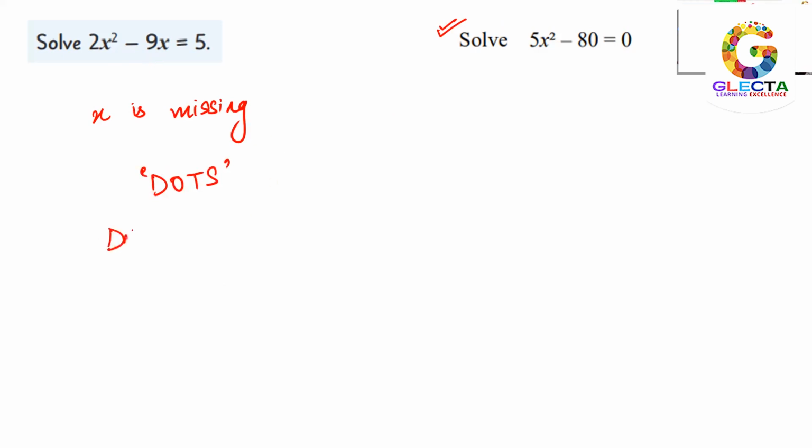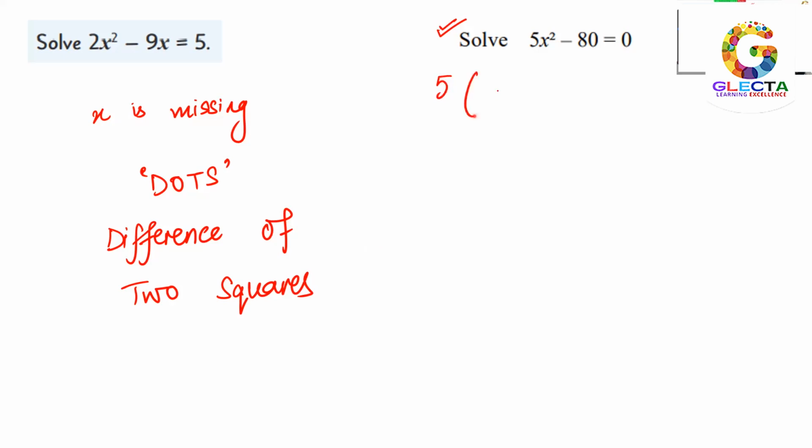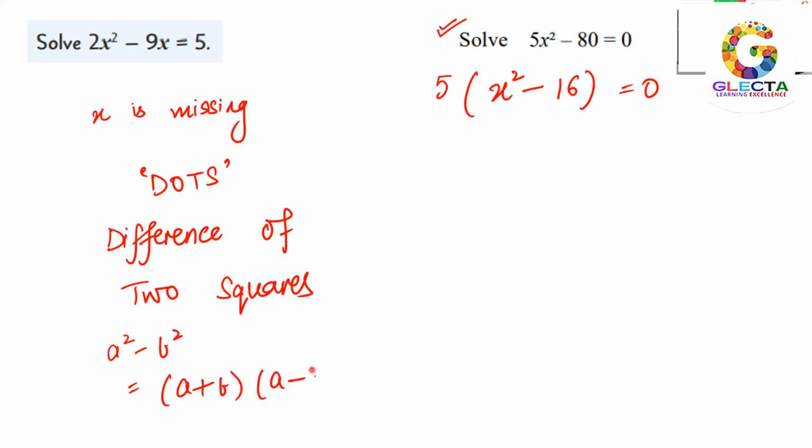One question will definitely be asked either directly or indirectly where you would be using this difference of two squares. All right. So over here, I can take 5 common, divide by 5. X squared, take away 16. And wherever I see difference of two squares, how do we factorize it? Add the terms in one bracket, subtract the terms in another bracket.